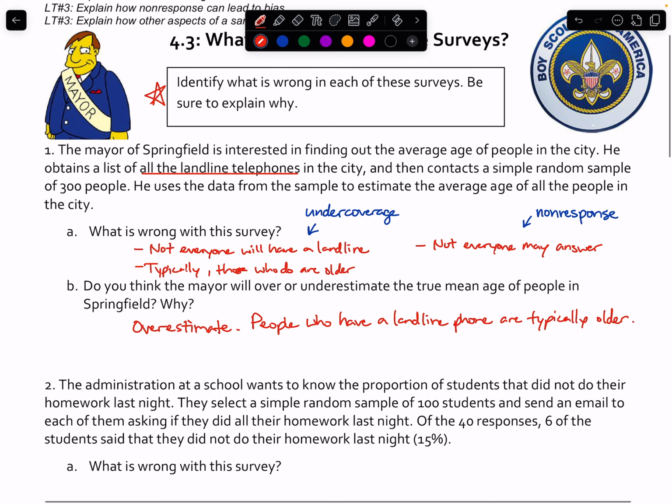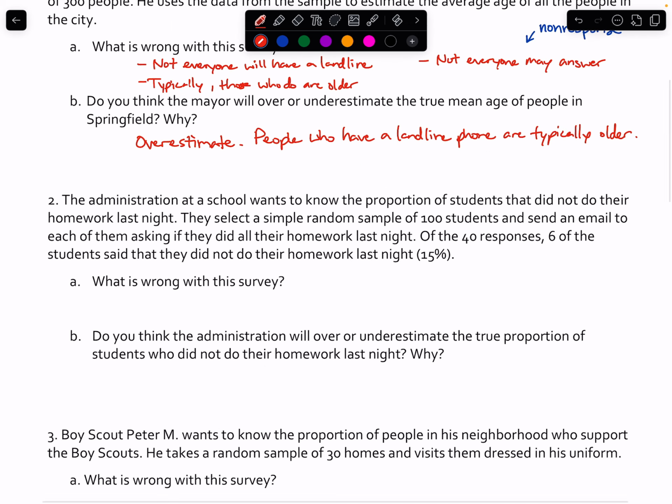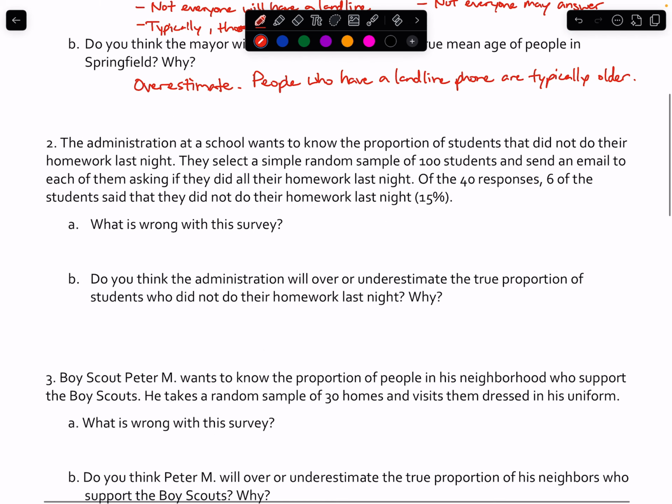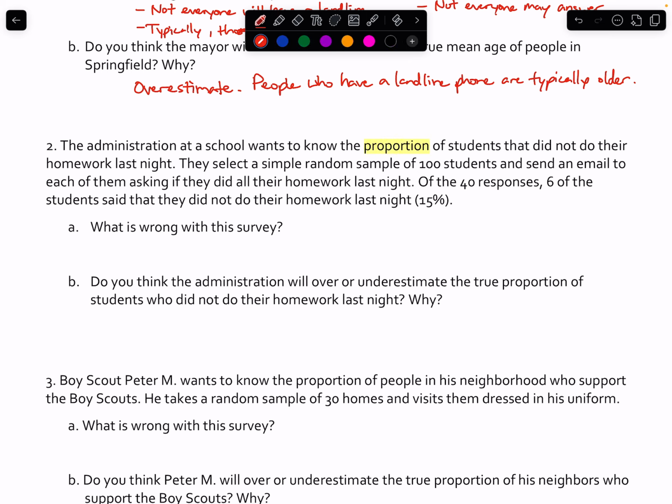Now, question 2 says the administration at a school wants to know the proportion of students. Proportion, again, when we see this word, we want to think percentage. Know the percentage of students that did not do their homework last night. They select a simple random sample of 100 students and send an email to each of them asking if they did all their homework last night.